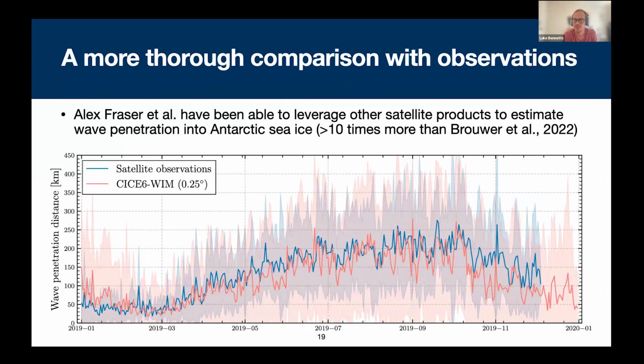Now, I just wanted to say something a bit provocative at the end here. Alex showed us a comparison of his satellite measurements with our model earlier and showed us how good it is. I'm just emphasizing that here. I want to make the point again that the wave and ice module that we've got here is incredibly simple, yet we are getting very good agreement with these satellite observations.